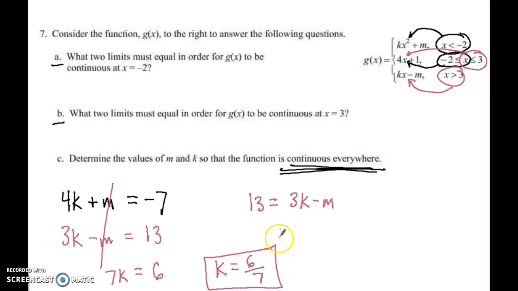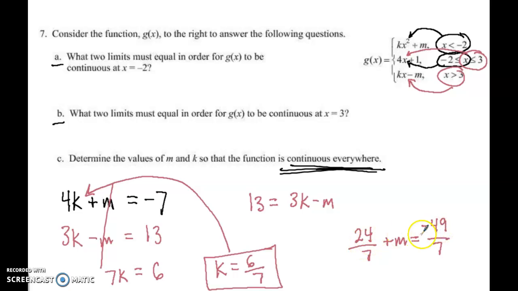And then I can just go back to, I don't know, probably makes more sense to go back to this equation. Let's see, 4 times 6 is 24/7 plus m is equal to, well, I want the same denominator. So 7 over 1 becomes negative 49/7. Hopefully that makes sense to you.